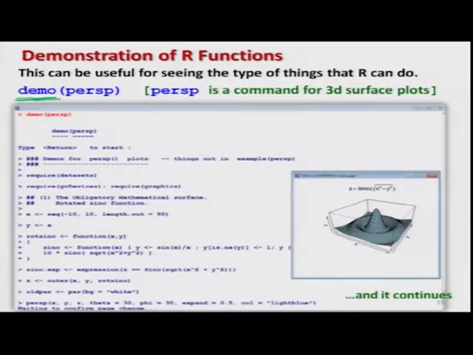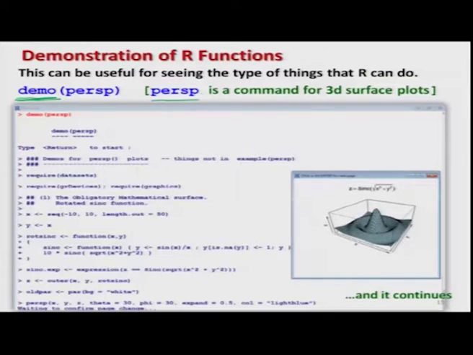So, for example, here I am trying to take a demonstration on the function persp. Actually, this persp is a function that creates perspective plots, which are 3-dimensional surface plots, right.